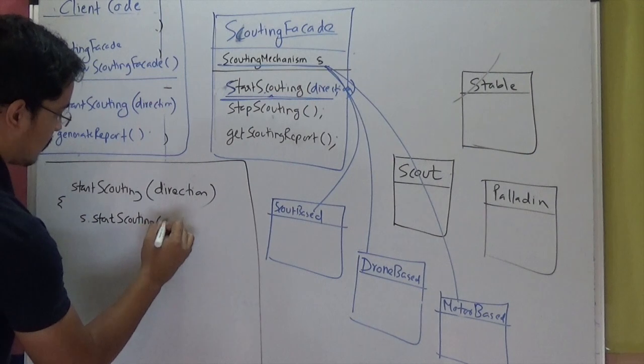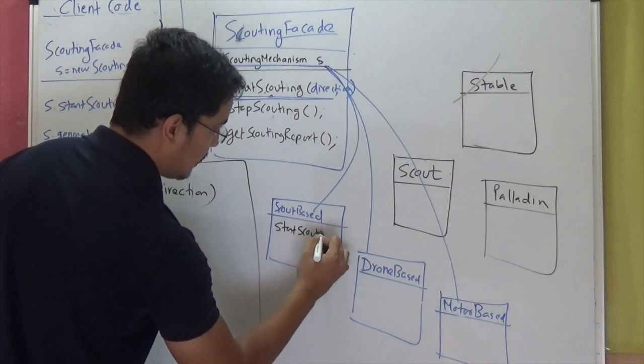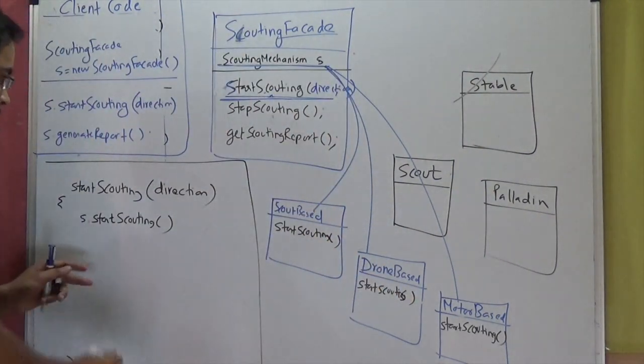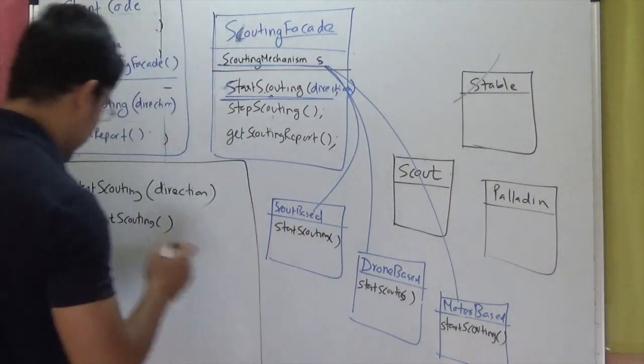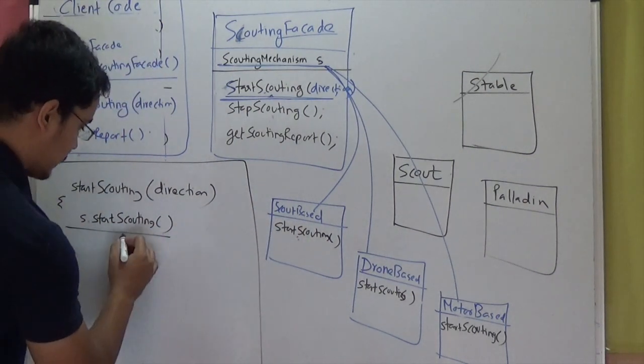There will be a start scouting method in each of these concrete implementations. So let's take an example, like horse-based scouting.